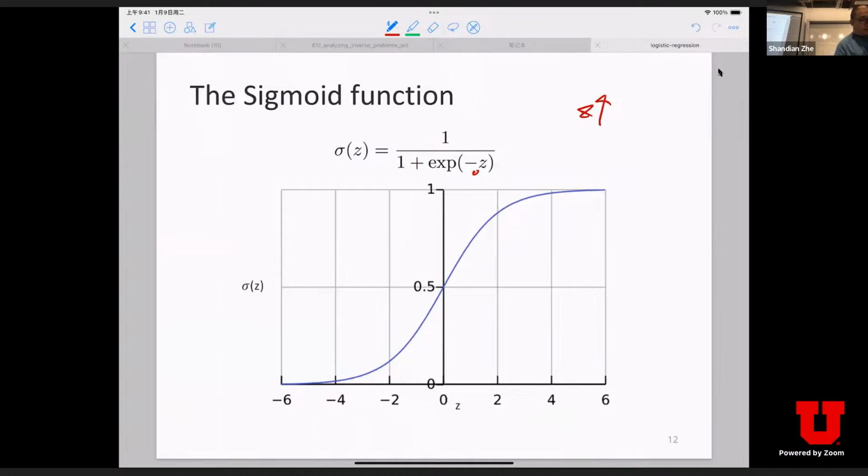On the other hand, if Z becomes very large in absolute value but negative, the sigmoid function will quickly approach 0. So that means if the magnitude of your score Z is very large, then your sigmoid output is very close to 1 or 0.